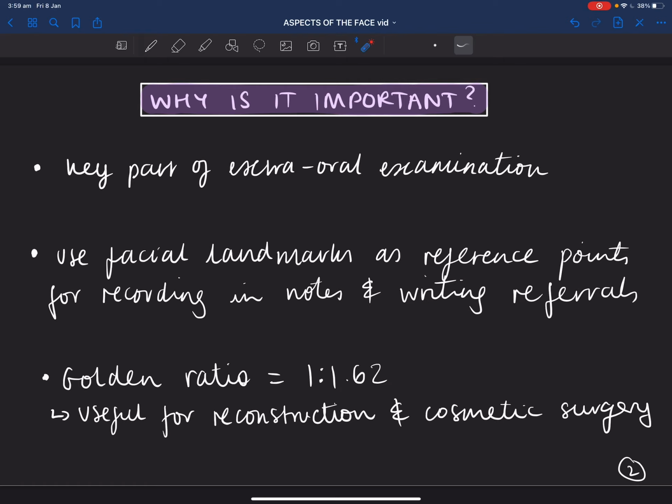You may know this already, but the golden ratio is 1 to 1.62, and that's said to be the perfect ratio for features, the perfect face. So if you ever want to reconstruct in surgery, it's really useful to know what the face should look like, so that when you do reconstruct it, your patient will be happy.